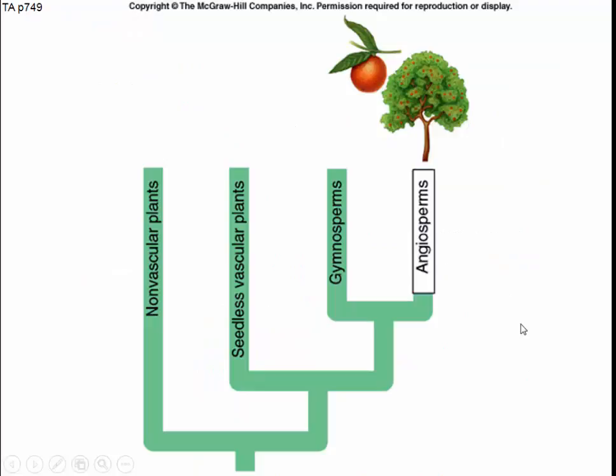There are four major groups of plants: non-vascular plants, which are mosses, liverworts, and hornworts; seedless vascular plants, which are lycopods and ferns; then gymnosperms are seed plants; and then angiosperms, which are flowering plants.